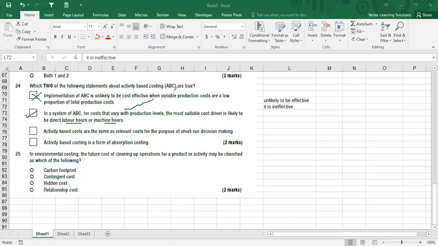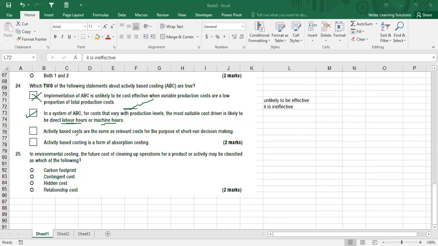Remember the previous question: always think what should be my cost driver. A cost driver should be that element which, when you increase it, your cost increases. So if I put machine hours or labor hours as my cost driver, as they go up, my production level and my cost will go up. So that's the correct answer.